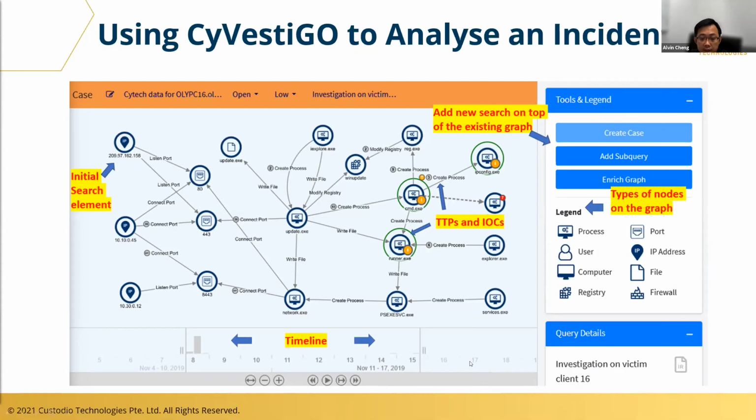The graph also has a timeline at the bottom of the screen that allows the analyst to scroll and filter the events based on the time that is of focus. So they can play around with the time and understand what is happening around that time period. This powerful visualization allows the analyst to perform two very powerful actions, which are timeline analysis and link analysis.